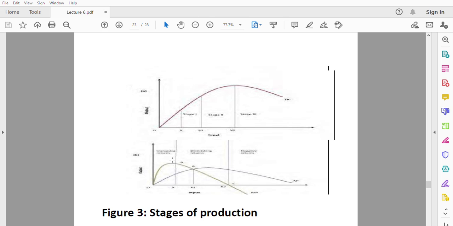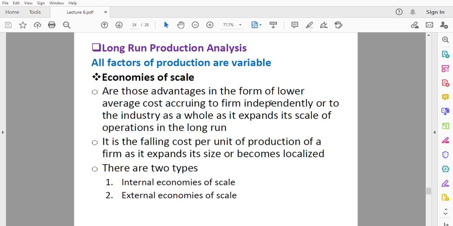Marginal product increases, attains a maximum, and starts decreasing a bit. At stage 2, marginal product is decreasing, but it's positive. So it makes total product keep increasing. And at stage 3, marginal product is negative. Average product is falling, and total product has fallen. So these are the 3 stages of production.